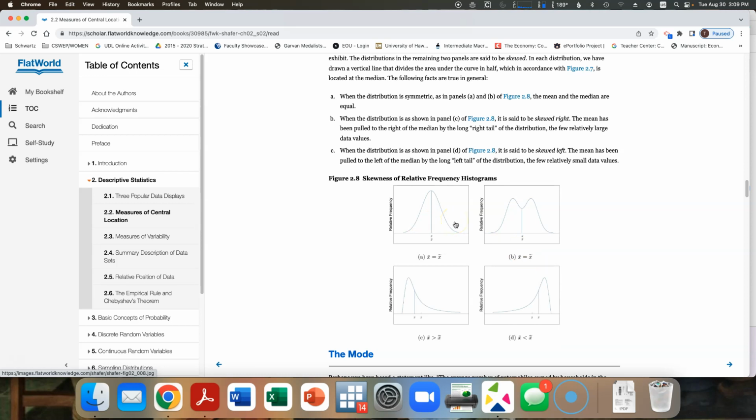Where it becomes useful to have data about both the mean and the median is when the data is skewed. And it can be either skewed right or left. So here you see in panel C that when the data is skewed right, what we tend to see is that the mean score here is to the right of the median score.